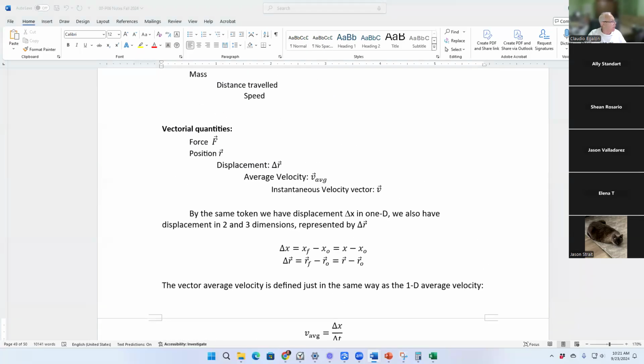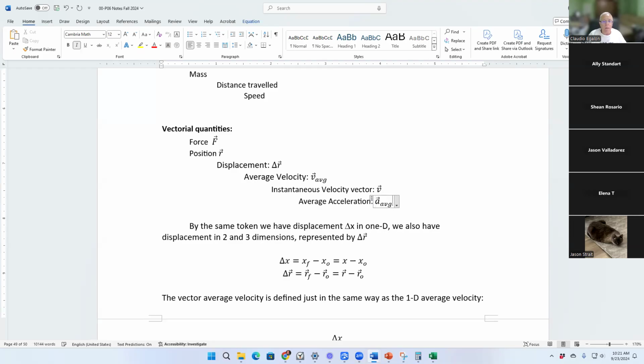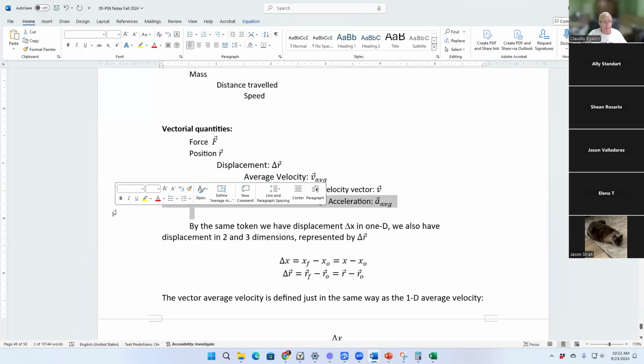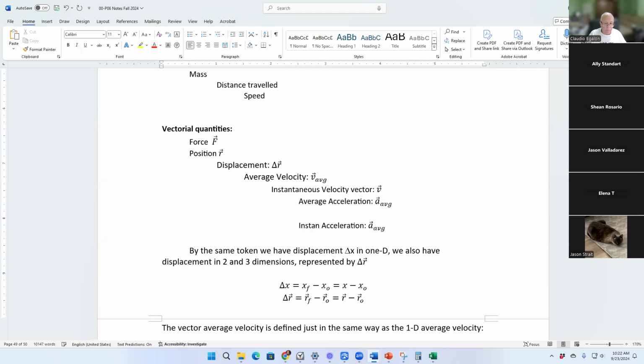And finally, we have the acceleration, right? First is the average acceleration, and then the instantaneous acceleration.